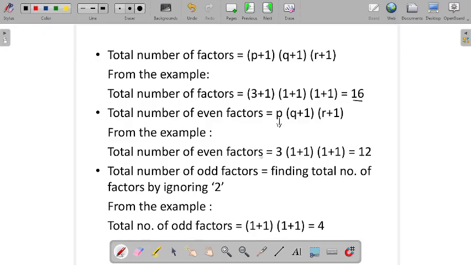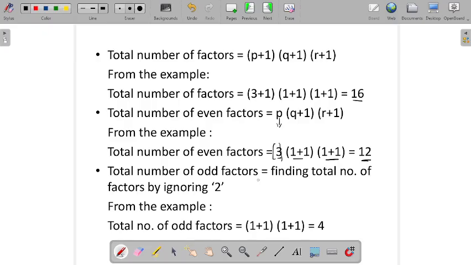So total number of even factors equal to 3, that means 2 cube, right? So I don't add 1 and I directly took 3. And here for other values I have added 1, so 1 plus 1 into 1 plus 1, 3 into 2 into 2, that means 12 is the answer.